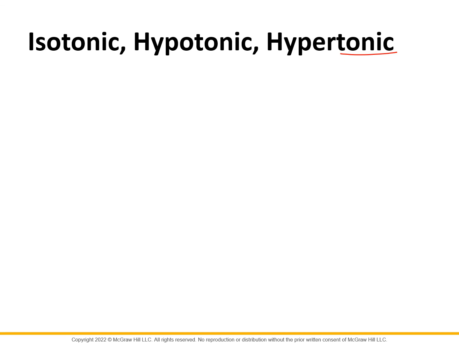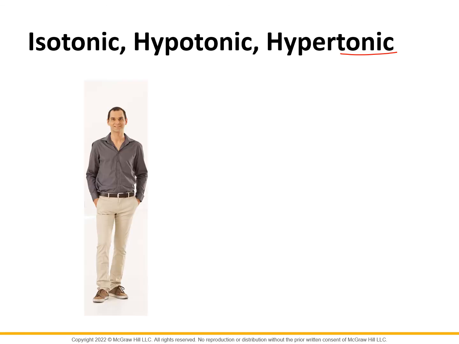An analogy could be height. If you have a person and this person has a particular height, you can compare him to other people. When you compare him in terms of height, he could have either the same height, he could be shorter, or he could be taller. The word you would use depends on who you compare him to.